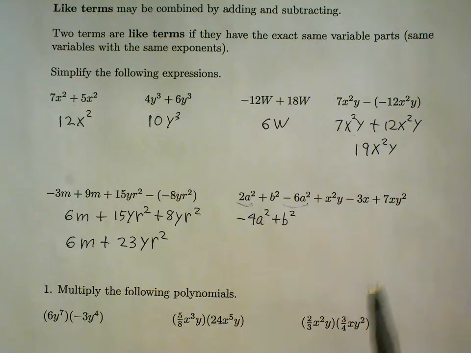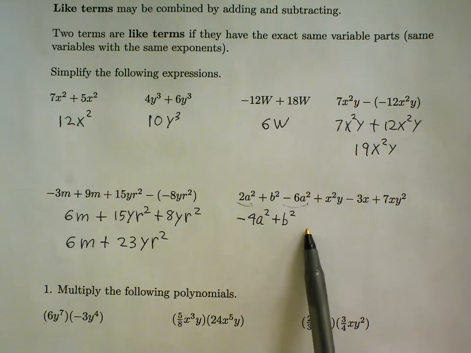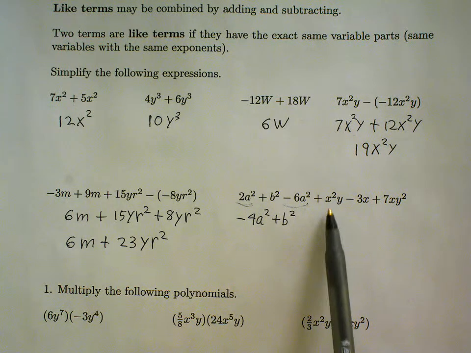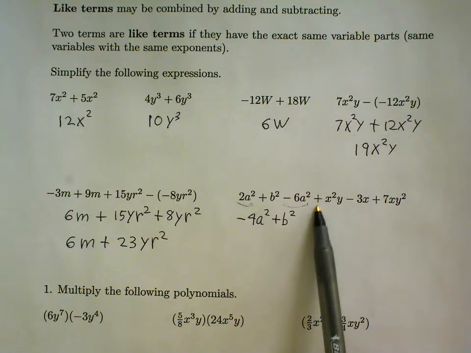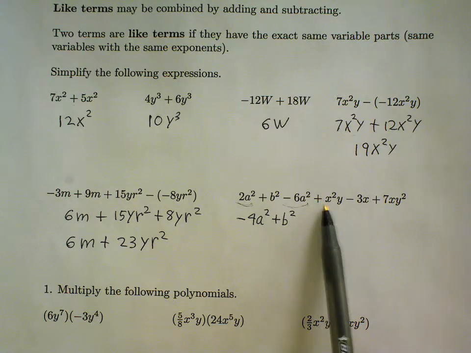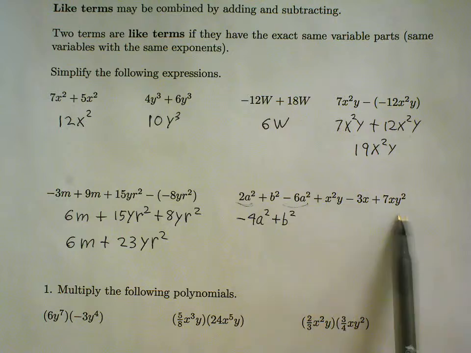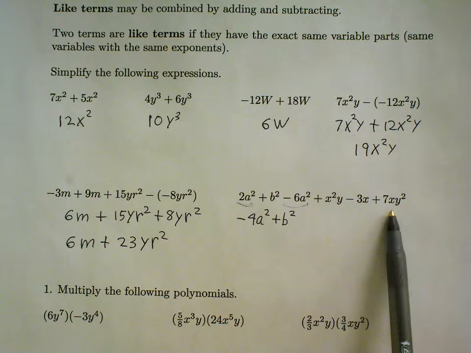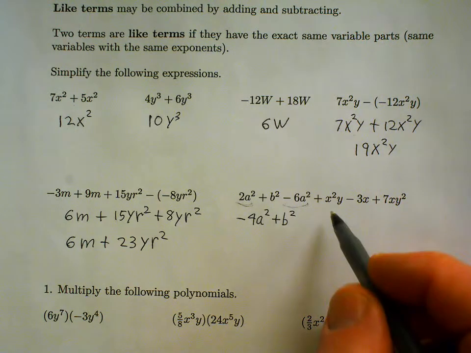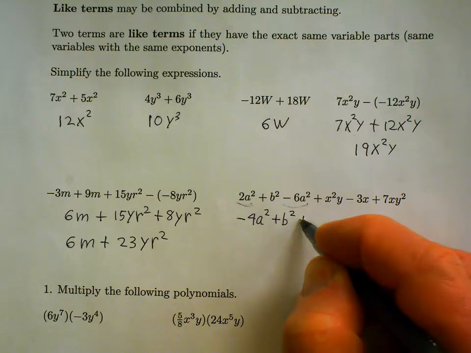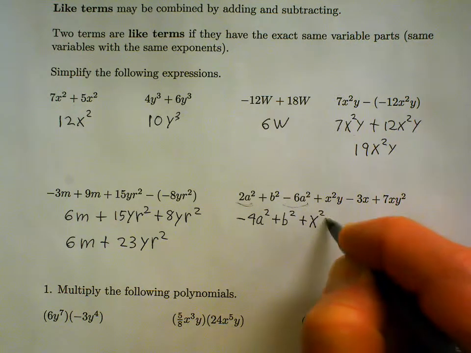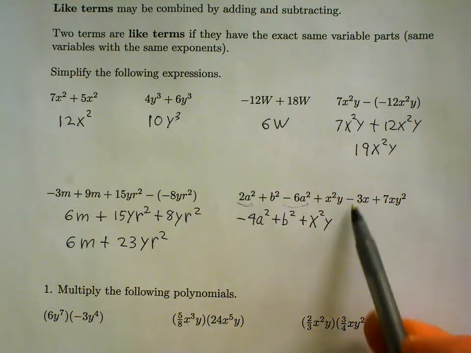And what else? The next term here is plus x to the second y. Is there another term that is a like term with that one? Those are not like terms. So we have to leave plus x to the second y and then minus 3x.